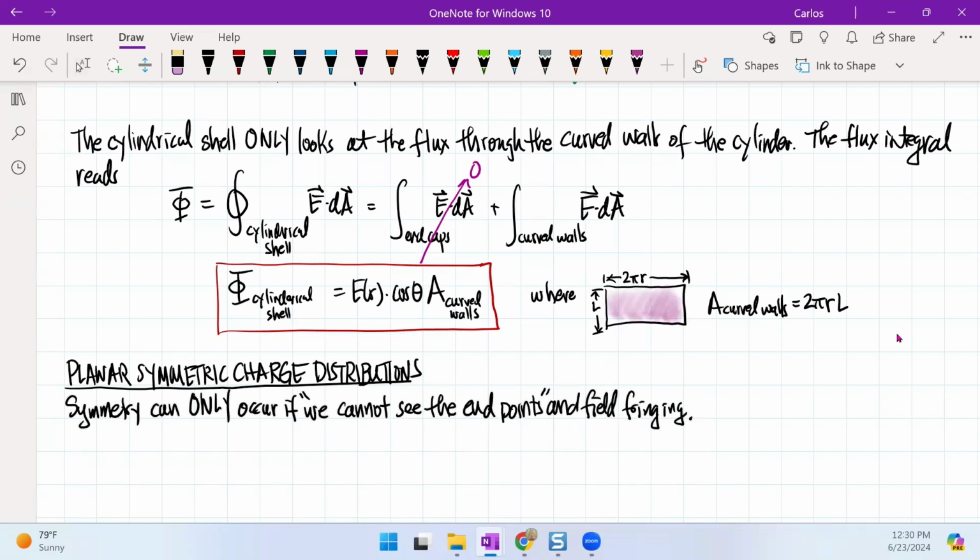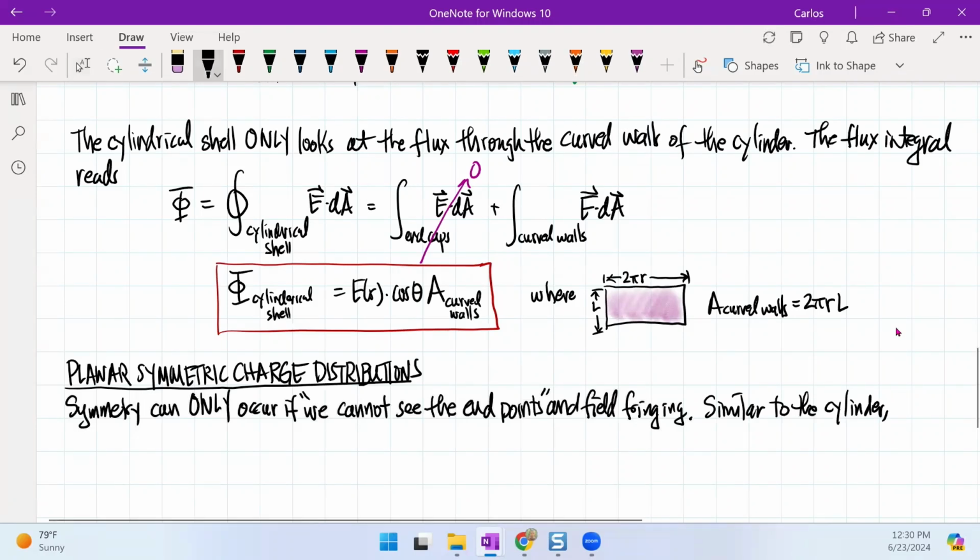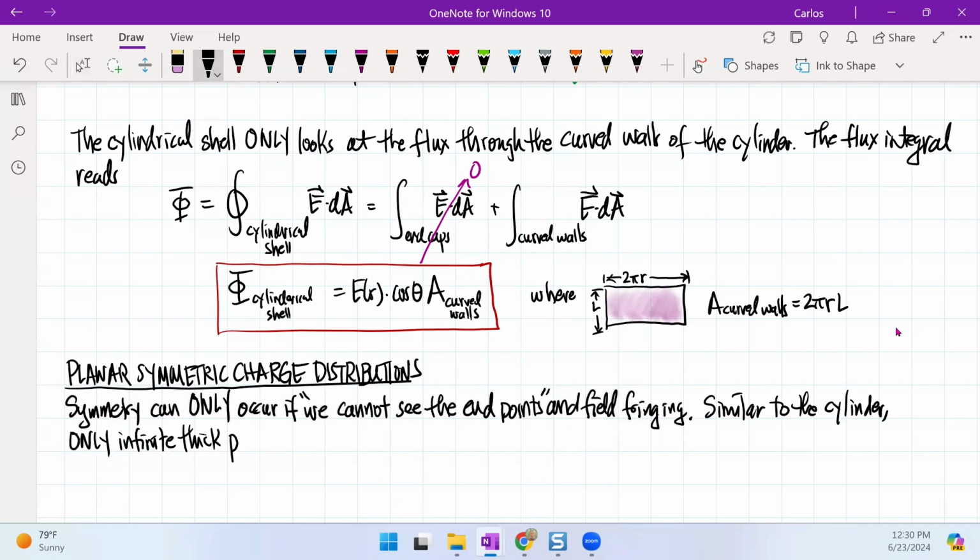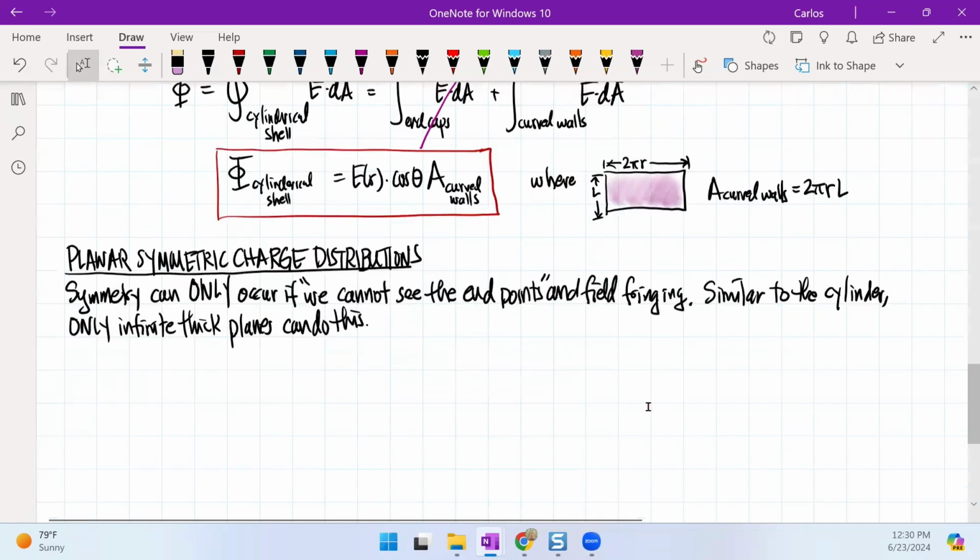So in this situation, similar to the cylinder, only infinite thick planes can do this, right? They're the only ones that fit the bill.